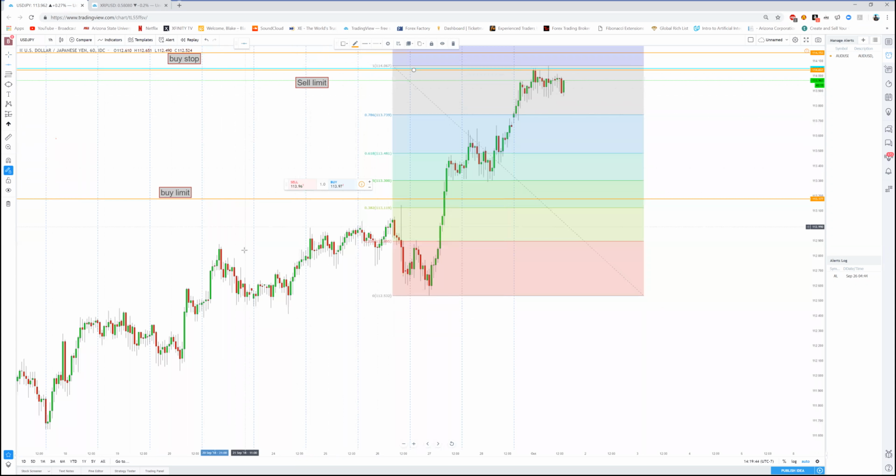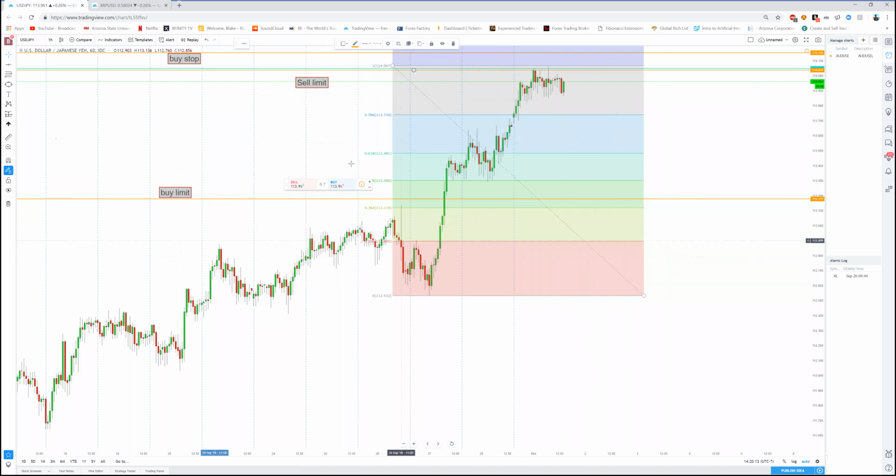So for each of these 3 different trades, you can choose to take one, choose to take neither, choose to take none of them. So for the sell limit, we would want our exit to be just above the PRP. We'd have a very tight stop loss right here at 25 pips up. For our buy stop, we'd do the same. We'd have 50 pips below as our stop loss. And for the buy limit, same thing, 50 pips below as well.